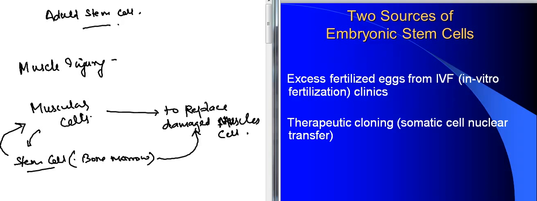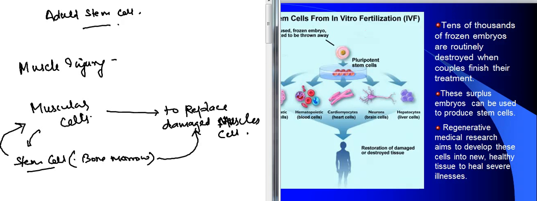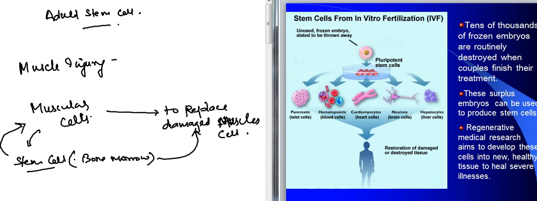Next we are going to see where we are getting it from. We can get it from a fertilized egg, that is in vitro fertilization, and the second is therapeutic cloning, somatic cell nuclear transfer. I will tell you what that is. Now in this chart we can see how stem cells are engaged in forming all types of organ systems.